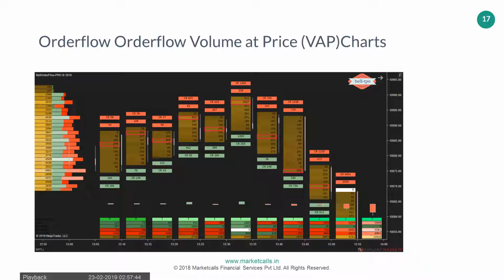So probably your RSI is saying it is overbought or oversold, and then you want to confirm from the order flow that responsive activity is in progress so that you can take counter bets in the market. In such a case, one can use studies like volume at price or bid ask imbalance, but I prefer bid ask imbalance.